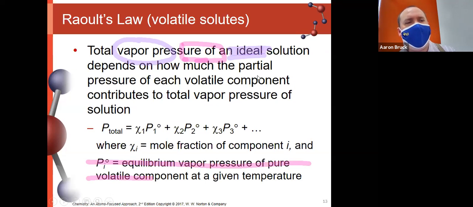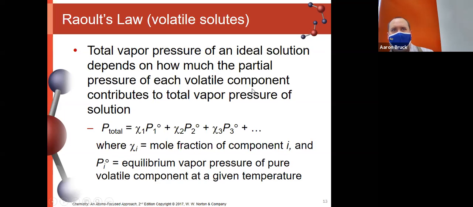If the solute itself is also volatile, then what happens is basically we run Raoult's law on each individual component in the solution, and we add together all of the individual vapor pressures. So what this essentially amounts to is a weighted average.